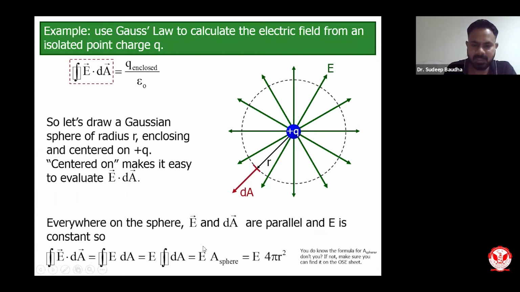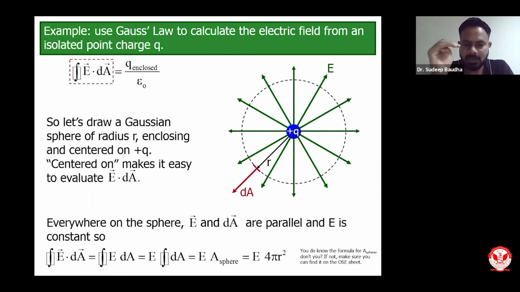So I can apply the concept of net flux across the closed geometry. E is constant, and integrating dA over the entire surface of a closed sphere gives 4 pi r square, where r is the radius of the sphere.